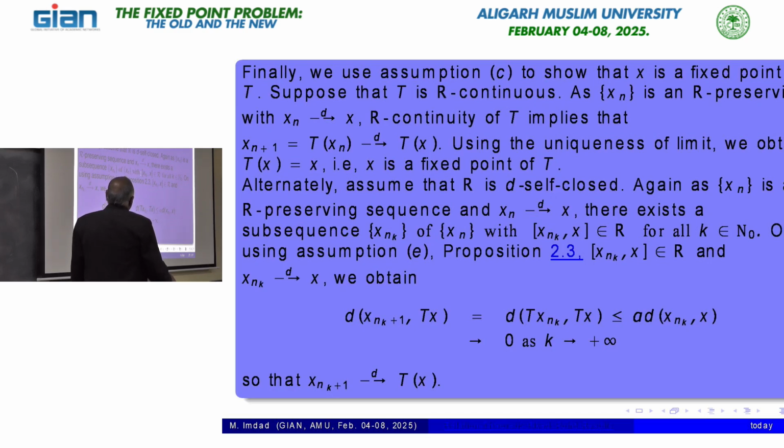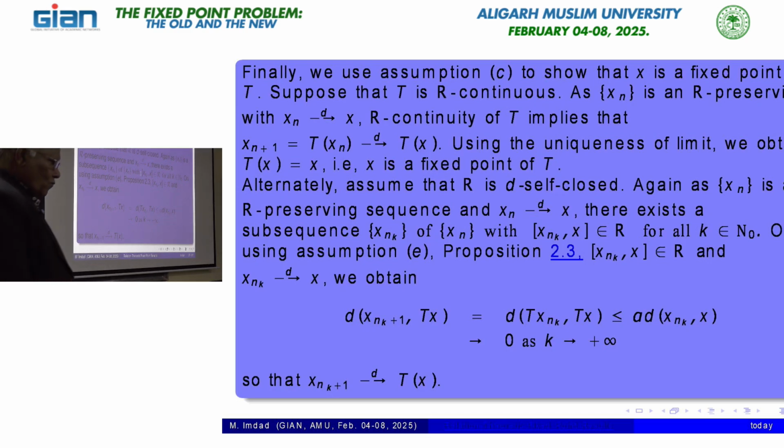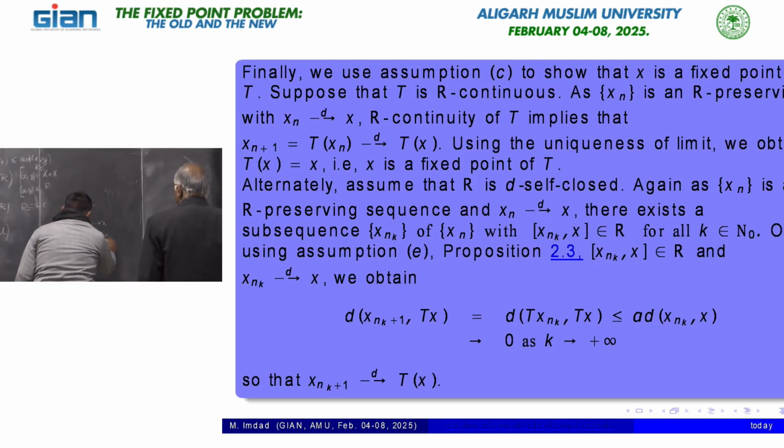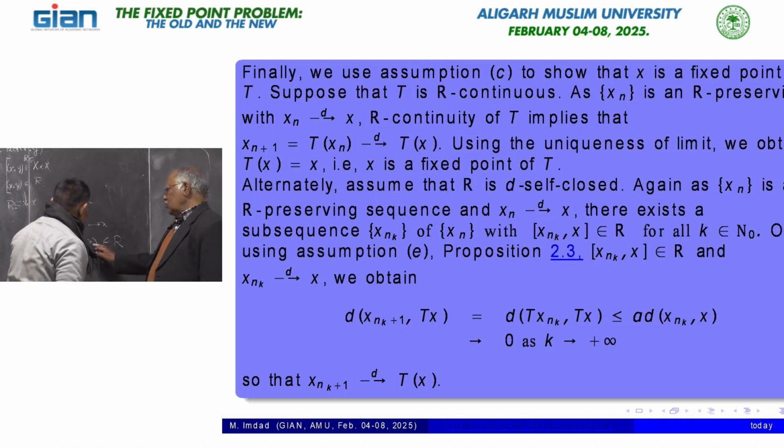Now, what you see over here, if R is d-self closed, here you have taken the definition of d-self closed. Look at this, x n belongs to R. So, x is the limit of x n. Are the limit and x n R-comparable, meaning they belong to R or not? What is the problem? x n goes to x. Yes, there are two cases, either this or this.